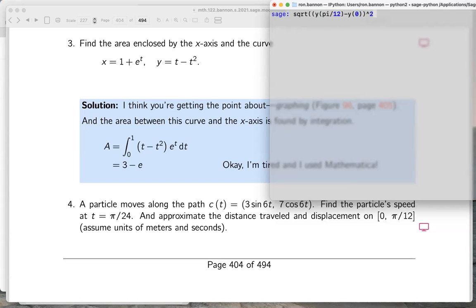I'm going to square it plus, now I'm going to do the change in x's. So it's going to be x evaluated at pi over 12 minus x evaluated at 0.